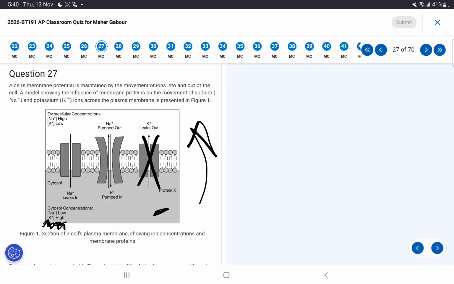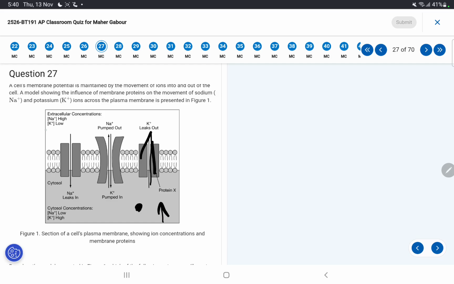But without it, the K plus will not leak out anymore. That means that the K plus concentration within the cell will start to increase because it's not leaking out anymore. It's all inside the cell, so the concentration inside the cell will keep increasing.